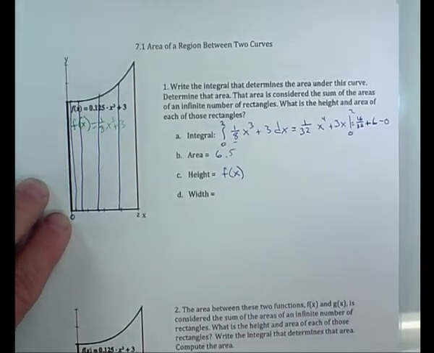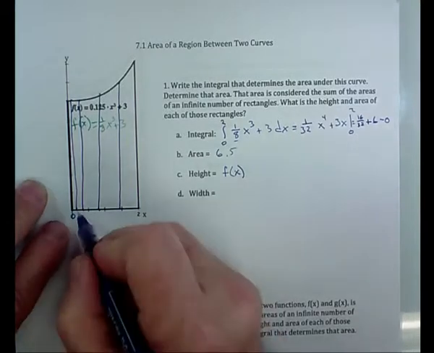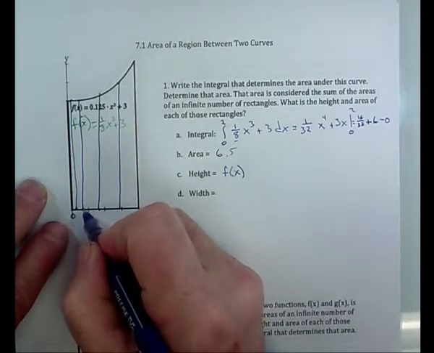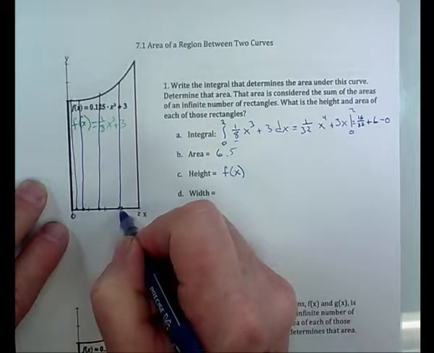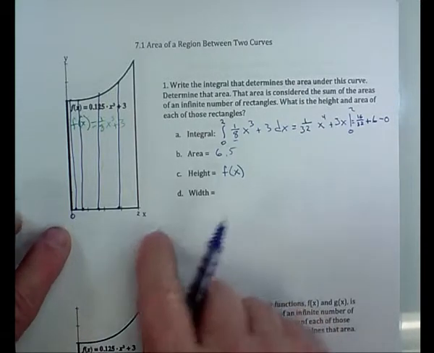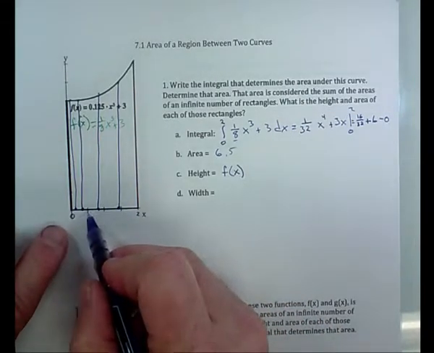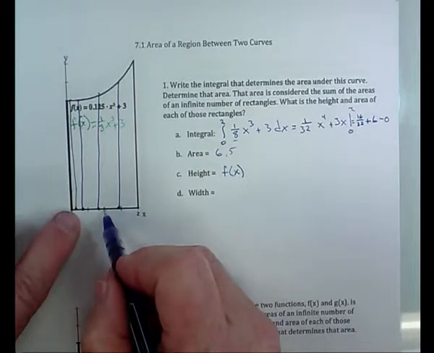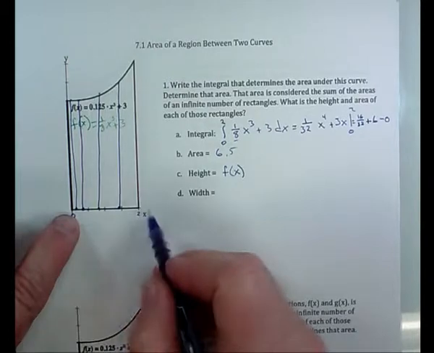Okay? Hannah, these babies are really thin, these rectangles. How thick are they? What's their width? You know, if x is 1 here, or x is 1 right here, that's how wide x is here. This is how wide x, here x is 2.